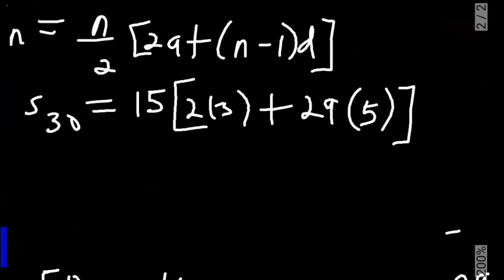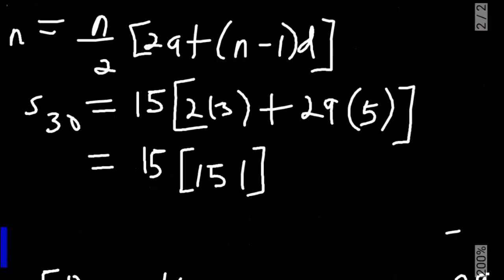So we have 15 times 6 plus 29 multiplied by 5, which is 151. So 15 multiplied by 151, we have 2,265. So this is the sum of our first 30 terms.